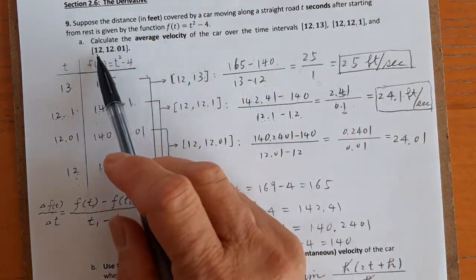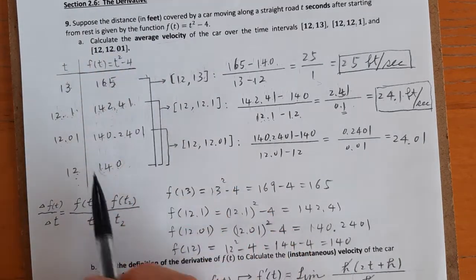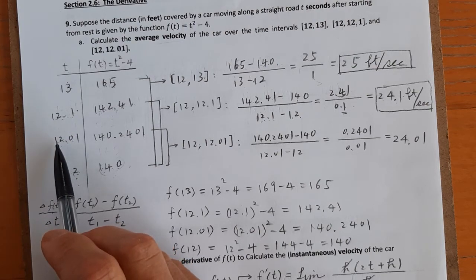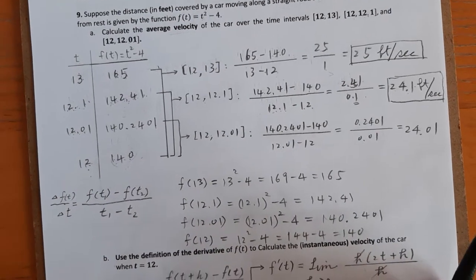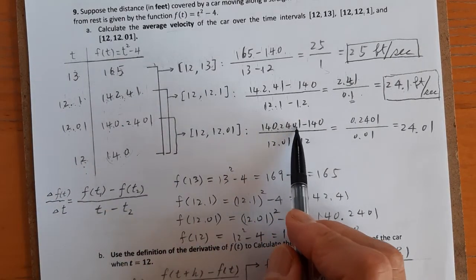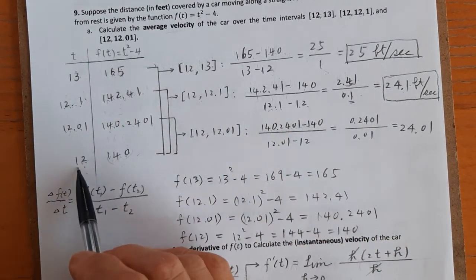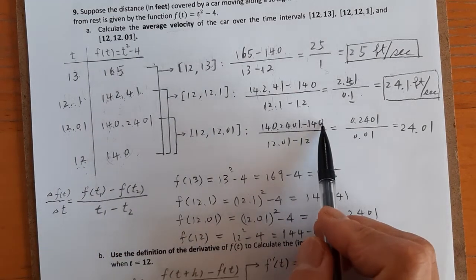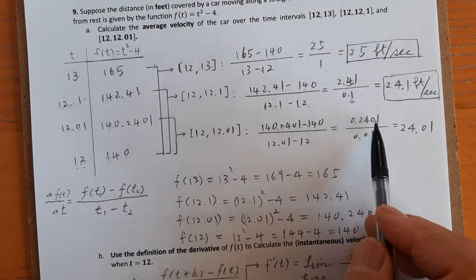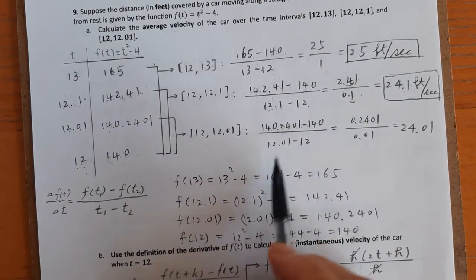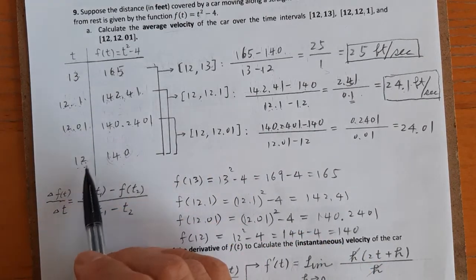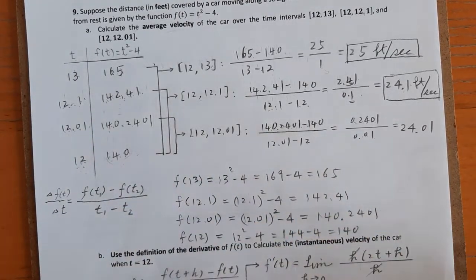Then the last one is from 12 to 12.01. When t is 12.01, the distance is 140.2401, minus the distance 140 when t is 12. The subtraction gives 0.2401 feet, divided by how many seconds? 12.01 minus 12 is 0.01 seconds.